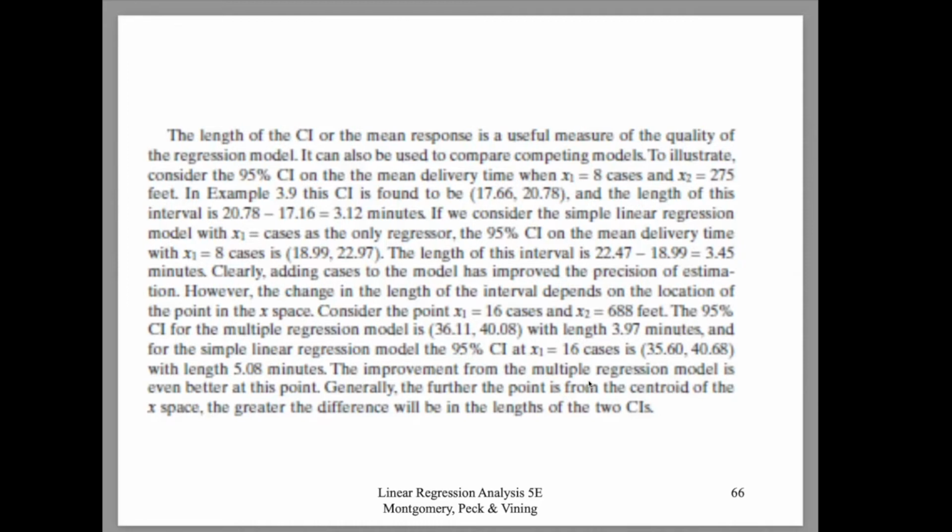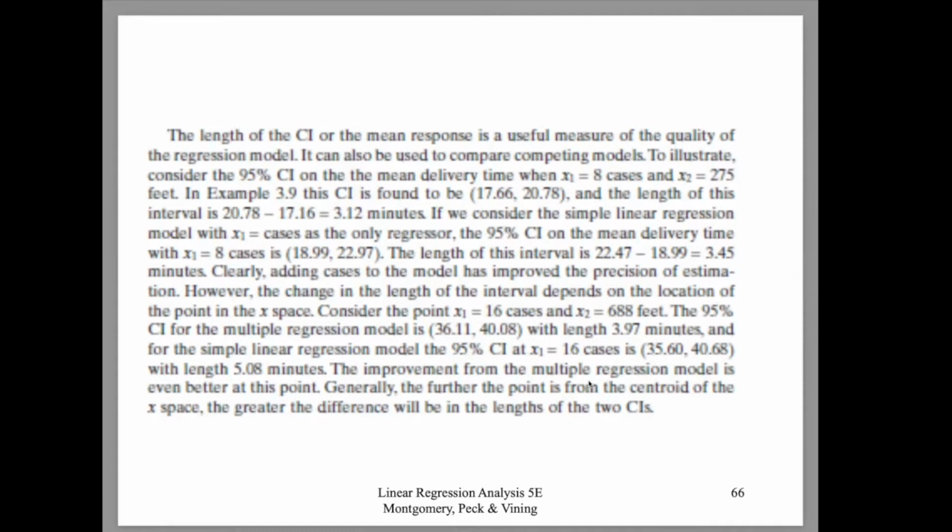Now, consider the simple linear regression model that contains just x1, the number of cases, as the only explanatory variable. The 95% confidence interval for the mean delivery time in that case ranged from 18.99 minutes up to 22.97 minutes. The length of that interval is 3.45 minutes.